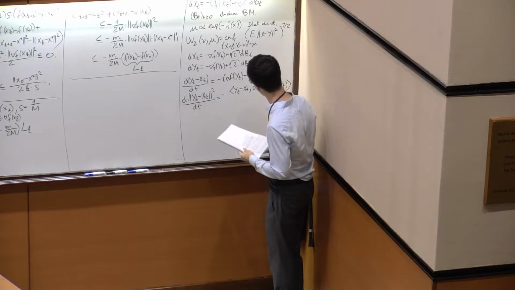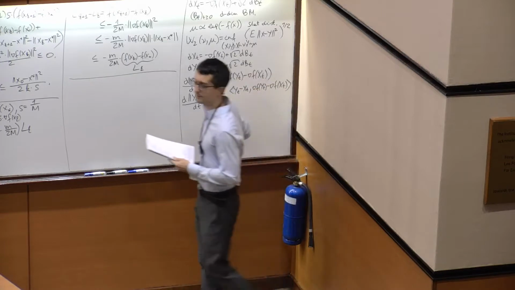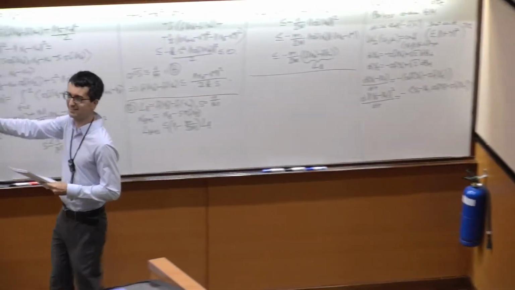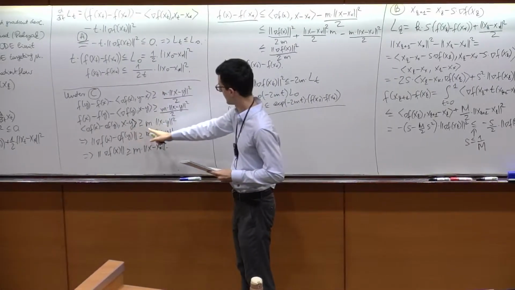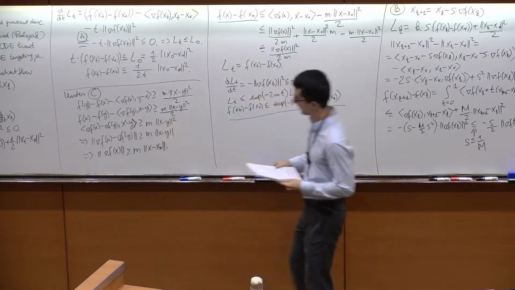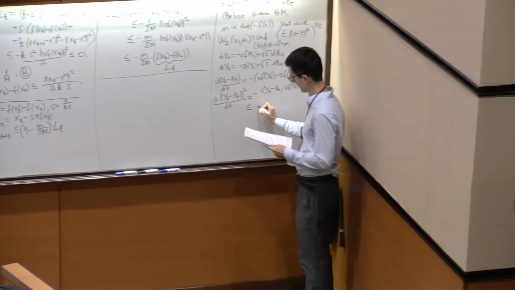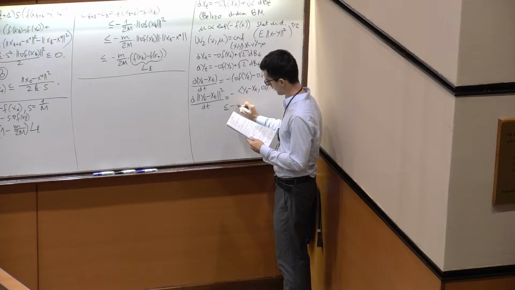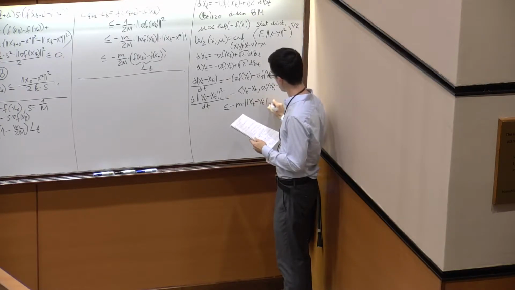All right. And now you might remember that we had such a term somewhere far away there. So it was lower bounded by m times the norm of x minus y squared. So this is less than or equal to minus m times the norm of Xt minus Yt squared.